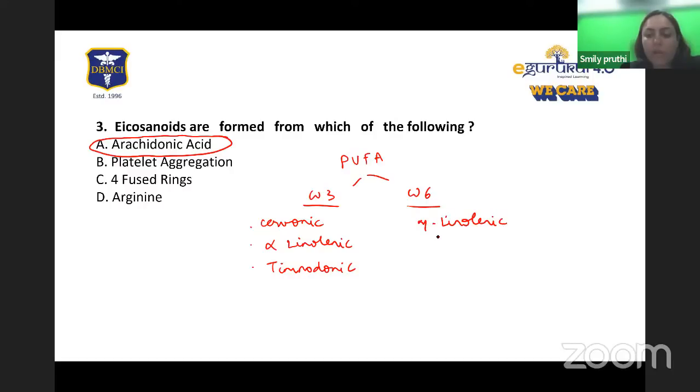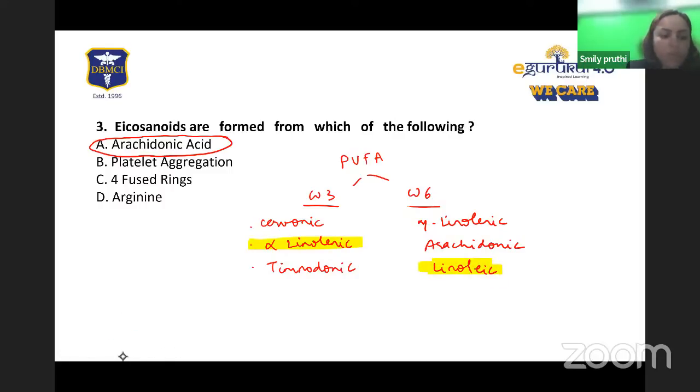Omega-6 is gamma-linolenic, arachidonic, and another one is linoleic. The precursor of omega-3 category is alpha-linolenic, omega-6 category precursor is linoleic.